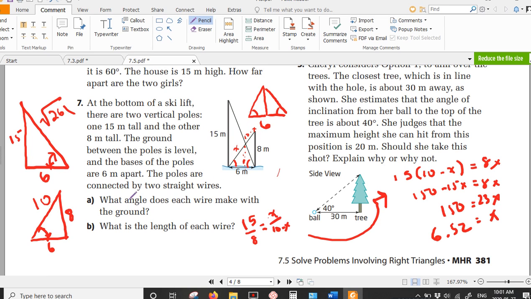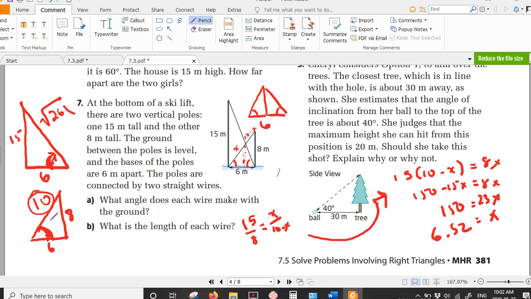Now, for question 7, your job was to find these two angles in here, which represent these two angles here. Now, I'm not going to go ahead and solve these angles. I'm assuming you could do that. But once you figure out these angles, whatever they turn out to be, and how would you solve these? Well, let me backtrack. How did I get 10? I got 10 simply by using Pythagoras. 6 squared plus 8 squared equals 100. Square root of 100 is 10. Same thing here.